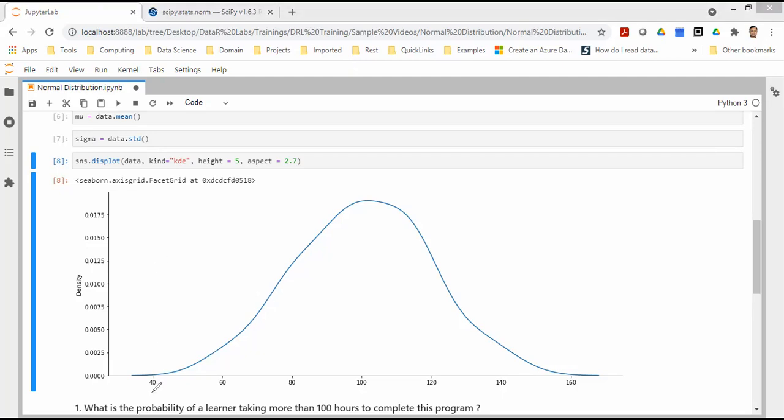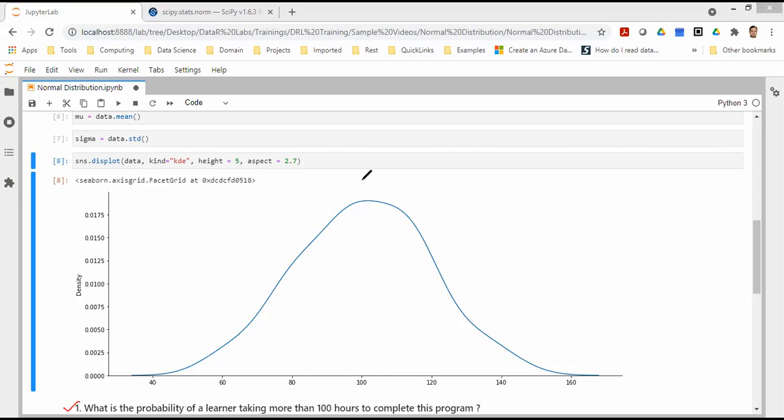Problem number 1 says, what is the probability of a learner taking more than 100 hours to complete this program? Just hold this video for a moment and try to answer this in your head: visually, what area does this question ask us to calculate?